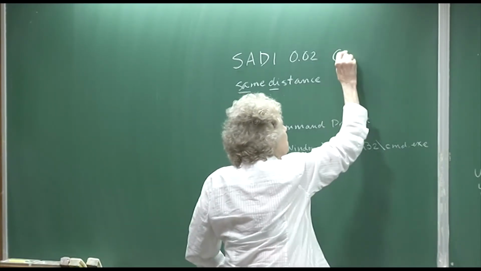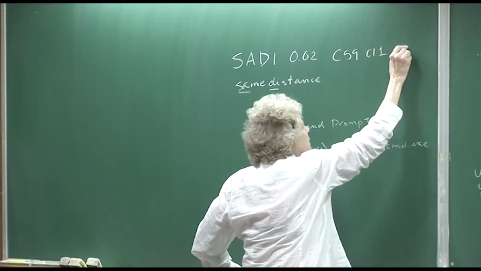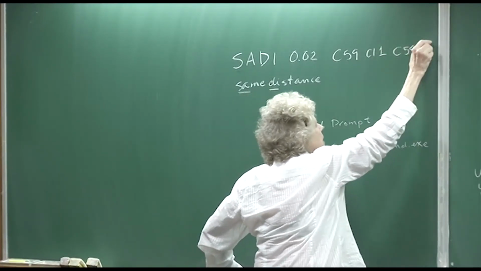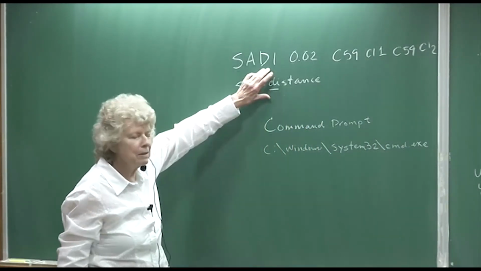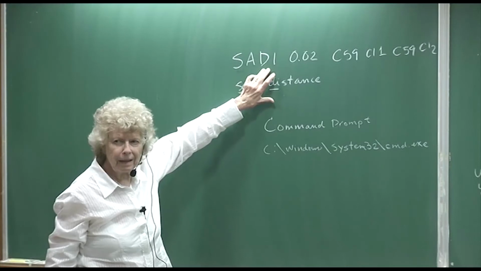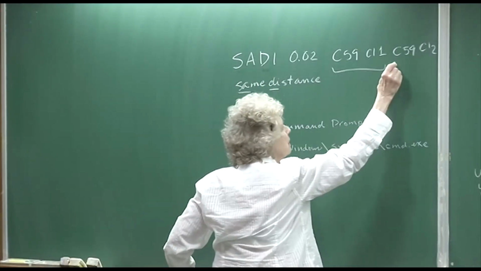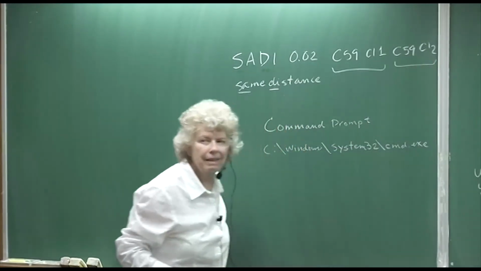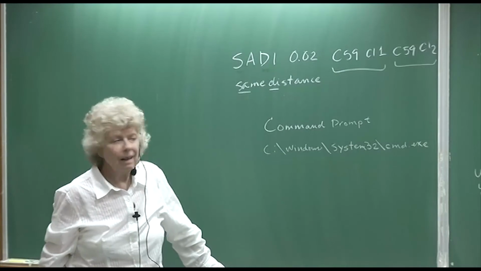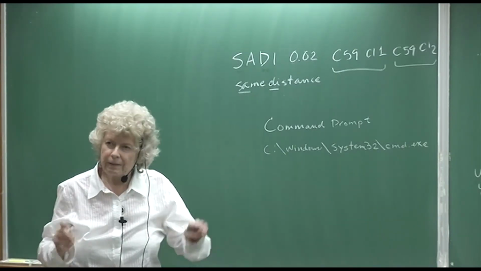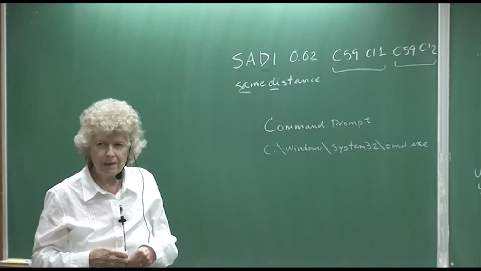Maybe C59, Cl1, C59, Cl2. And in the SADI command, you don't have to specify the distance. You're just saying, I want those to be equal. And so you could put as many as you want here, but they have to be in pairs. But the list can be very long. That's different from DFIX, where you have to specify the distance followed by the standard deviation, and then the pairs.